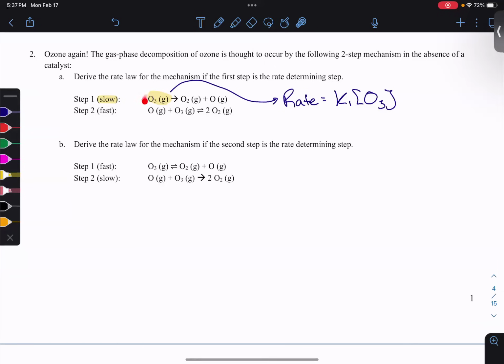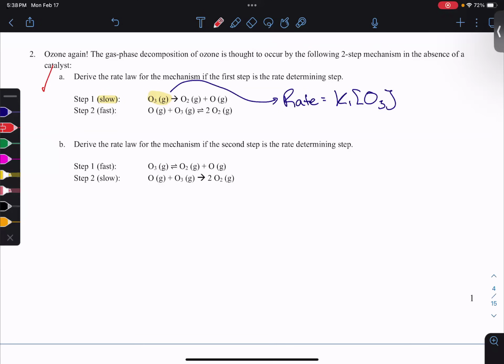Notice that the stoichiometry and the reactants became the exponents in my rate law. For example, if there was a 2 stoichiometry here, there would be a 2 exponent in the rate law, but in this case, there's not. So there is the first rate law. If the first step is the slow step, that one's the easy one.